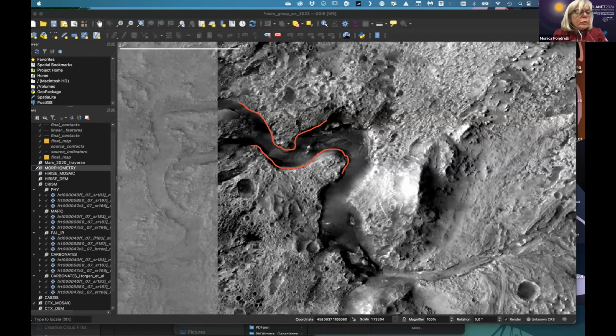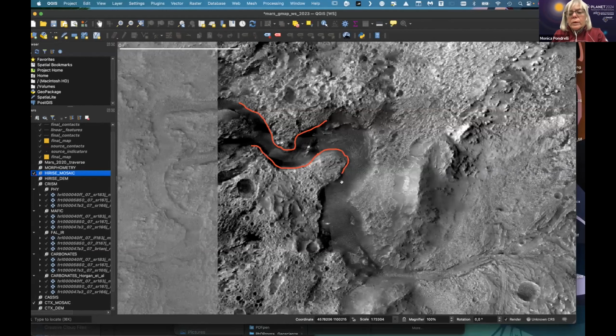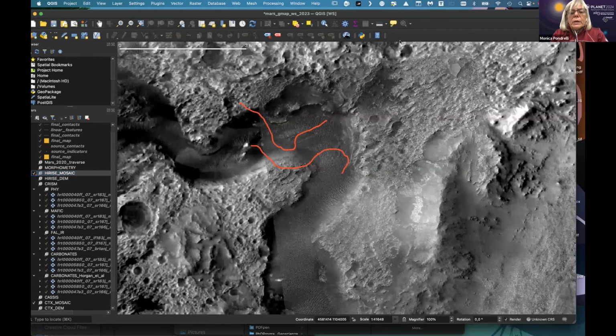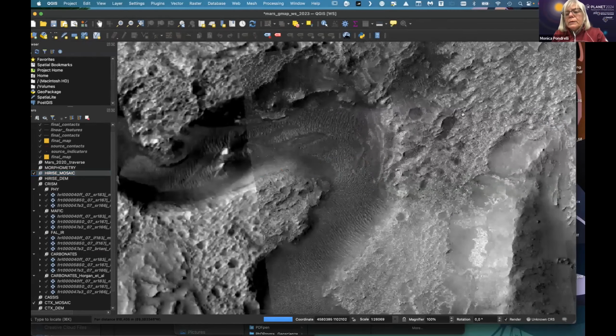Let's also have a look at HiRISE. Maybe get rid of those drawings, just also to play a little bit.